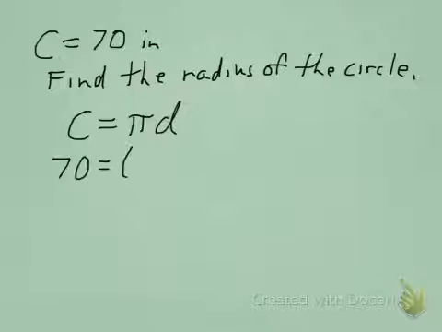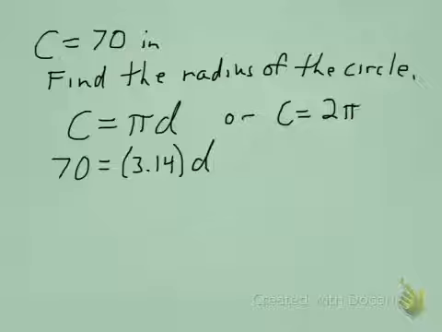We know pi is 3.14. We don't know the diameter, so I could use this one, or I could use the 2 pi r one. It's up to you. They're wanting us to find the radius, so this might be the better one in this case.